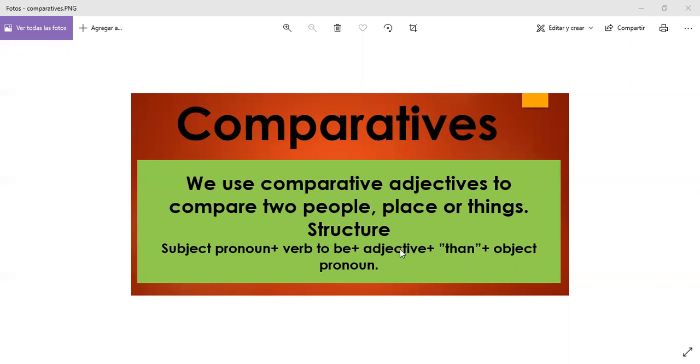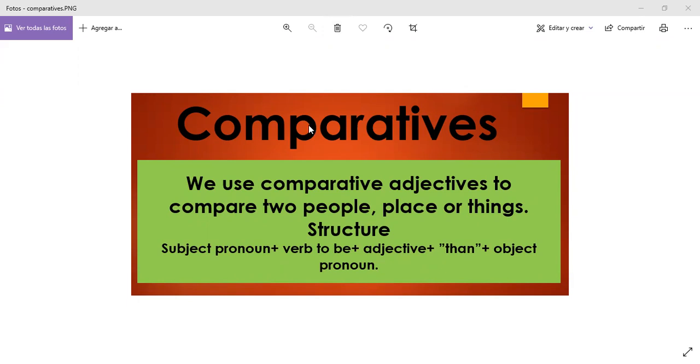Example: if I say tall, I am tall, but the comparative adjective is taller. I am taller than my sister. I am taller than my brother. So here we used comparative adjectives.